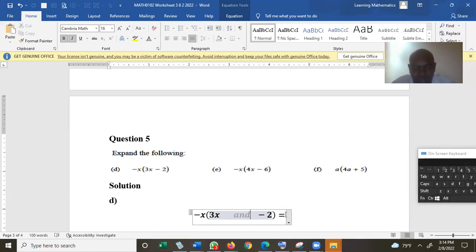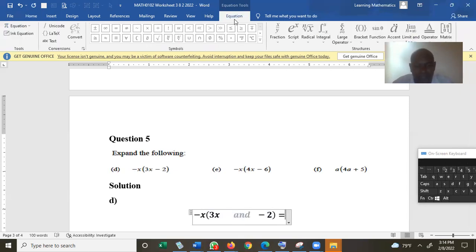Okay. So here we have negative x times 3x, and as I say, you don't have to be so dramatic and put the "and," but you can. Don't really rush the assignment because you're building a foundation.